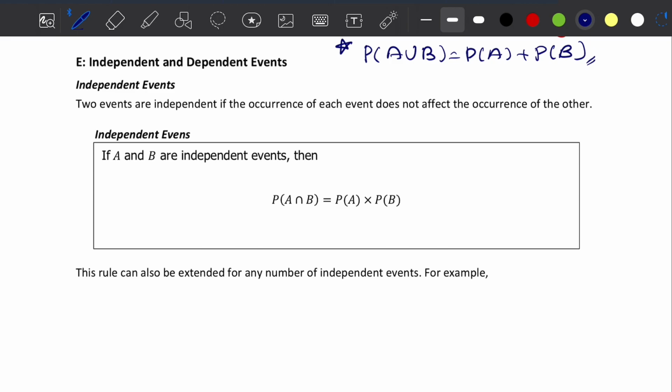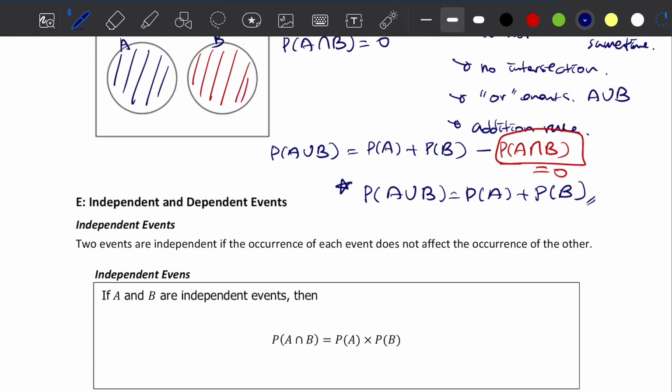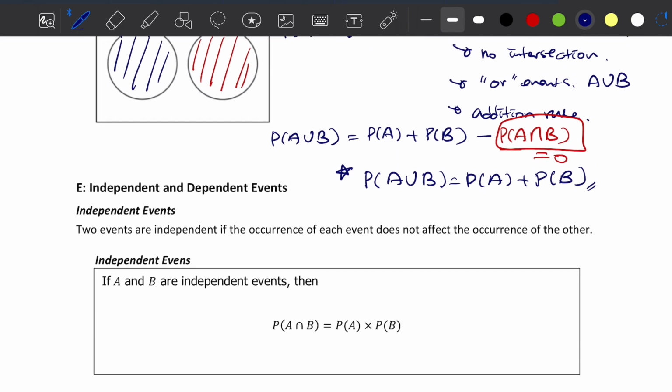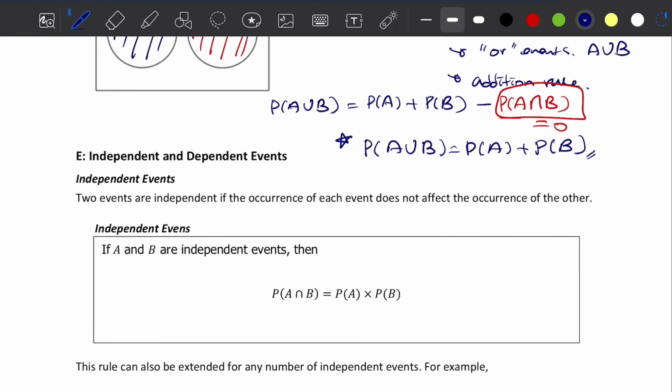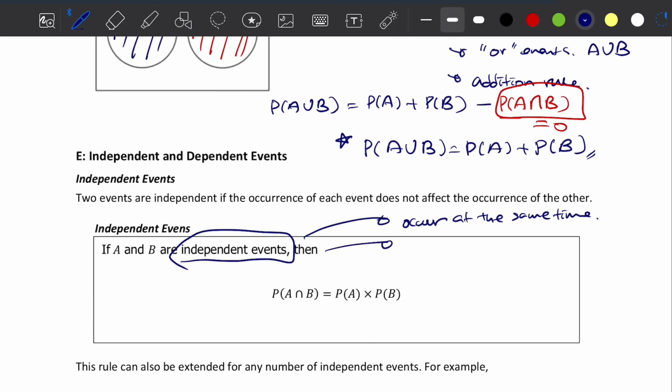But if you remember the mutually exclusive case, they cannot occur at the same time, right? So we have independent events if the events occur at the same time, and they can also have an intersection in the independent cases.